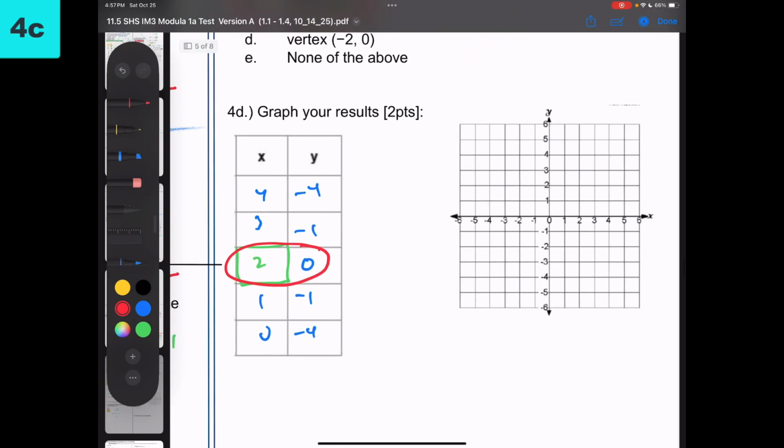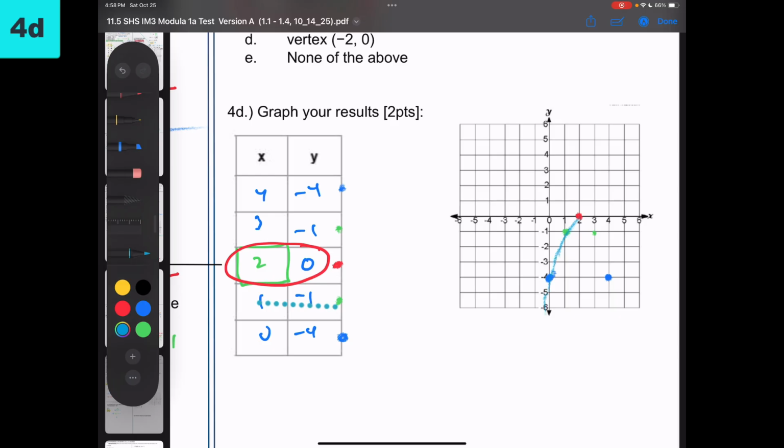Okay, so if you graphed it, 4, -4, 0, -4, 3, -1, 2, 0.